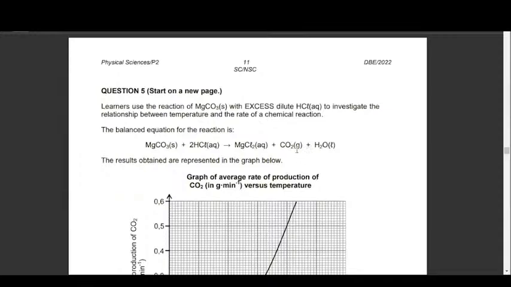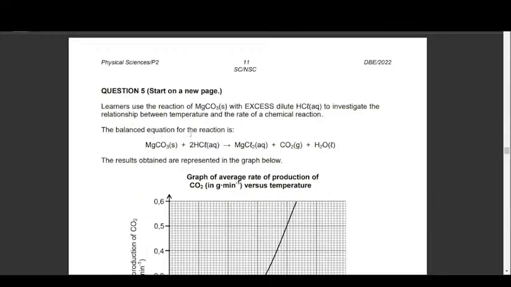They're saying that learners use the reaction of magnesium carbonate with excess dilute hydrochloric acid to investigate the relationship between temperature and the rate of chemical reaction.